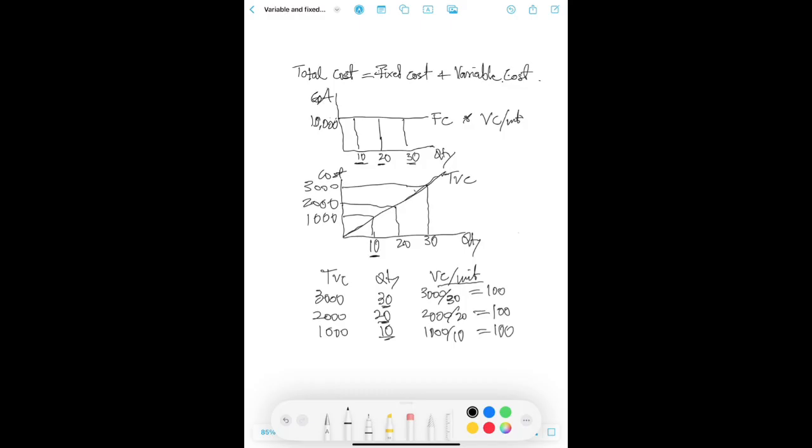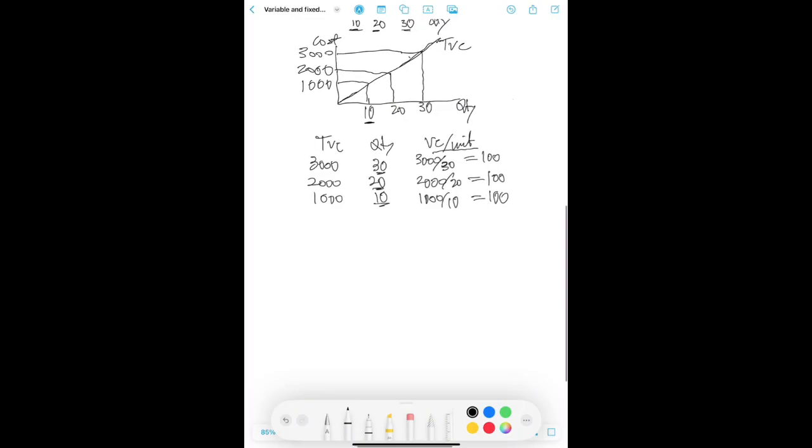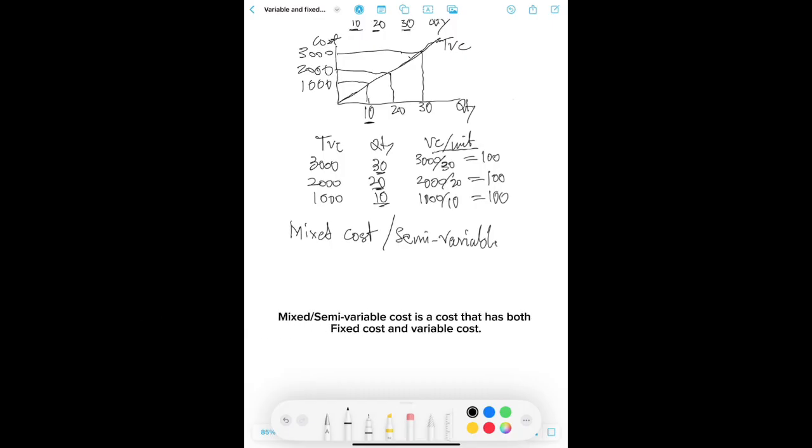So that will give you a good understanding of what we call variable cost. We also have a cost called mixed cost, or also called semi-variable cost. It is a cost that has both variable and fixed elements in one.